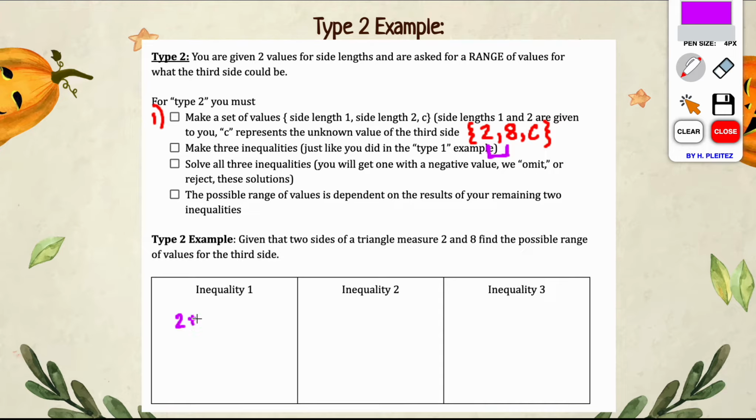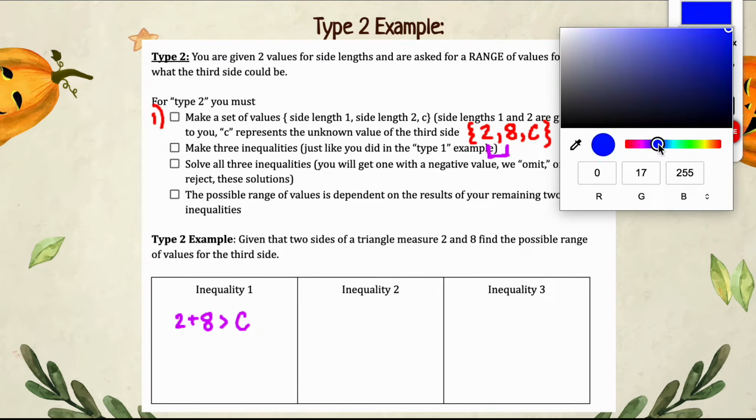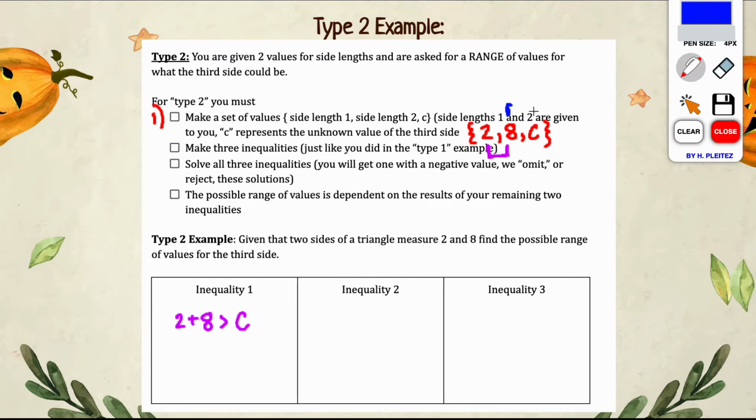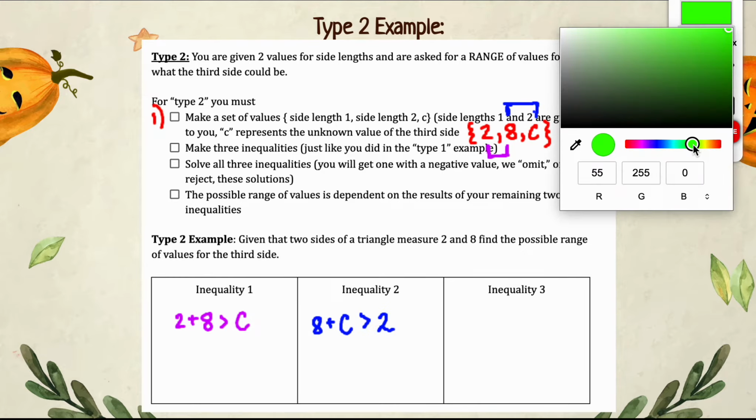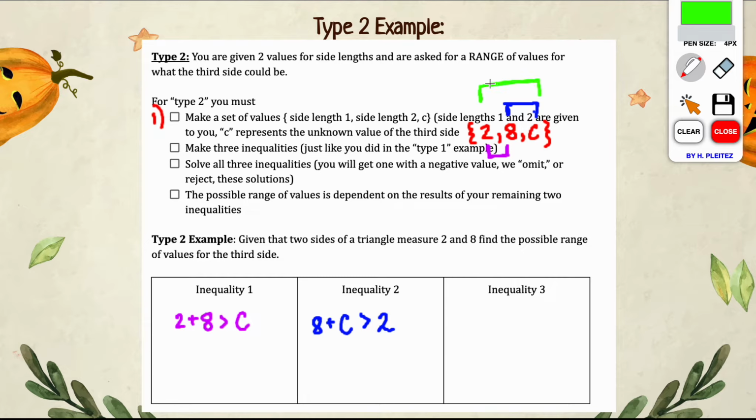So 2 plus 8 should be greater than the value of my third side, which in this case is C. Our second inequality, let's deal with this 8 and this C. So 8 plus C should be greater than the value of my third side, which is 2. And then last but not least, we deal with the first and the last of this set. So 2 plus C should be greater than my third side, which in this inequality is 8.